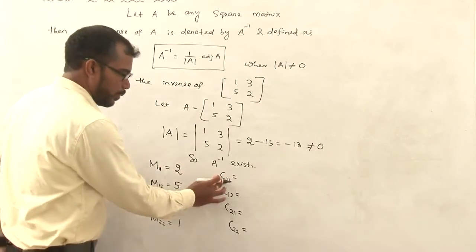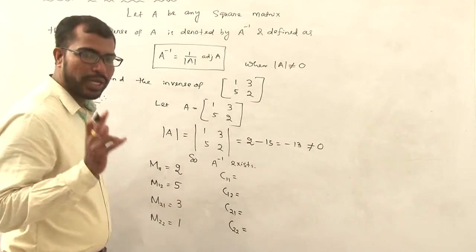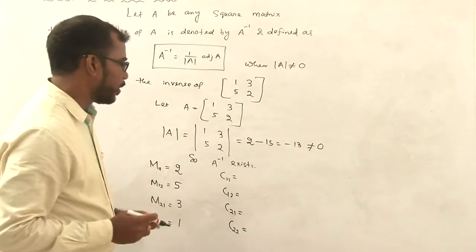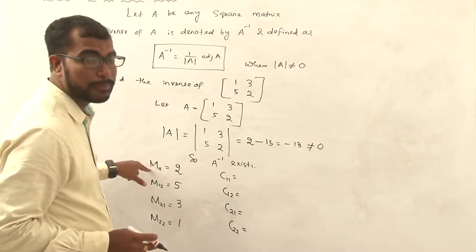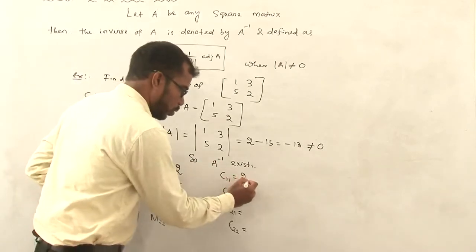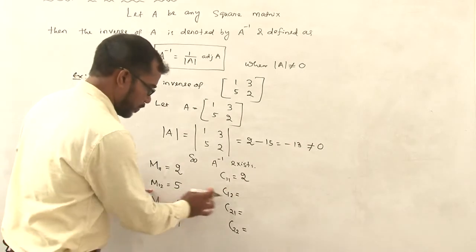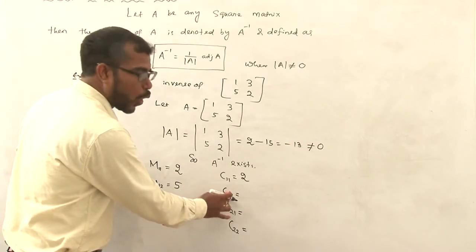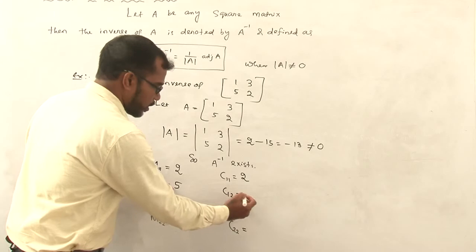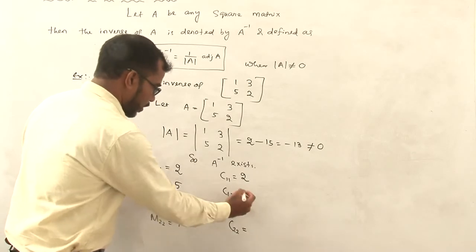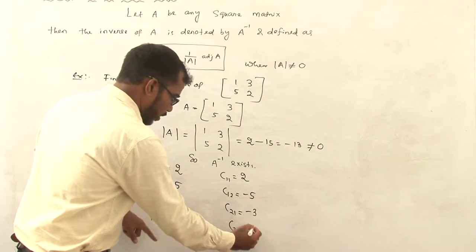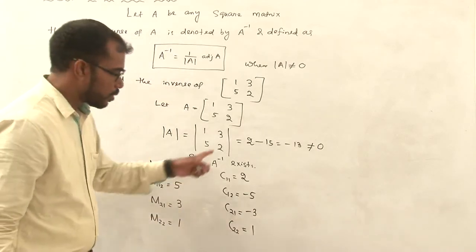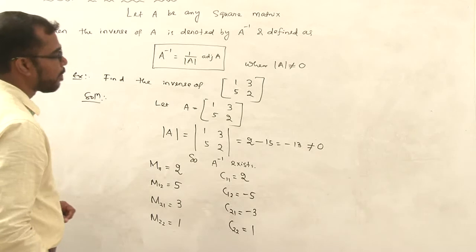If we add 1 and 1, that is 2, an even number, so we write it directly as in the minor. So there is 2. Then, if we add the indices, it is odd, so you change the sign of the corresponding minor. So that is minus 5, minus 3, and you can write directly 1. So these are the cofactors of these elements.